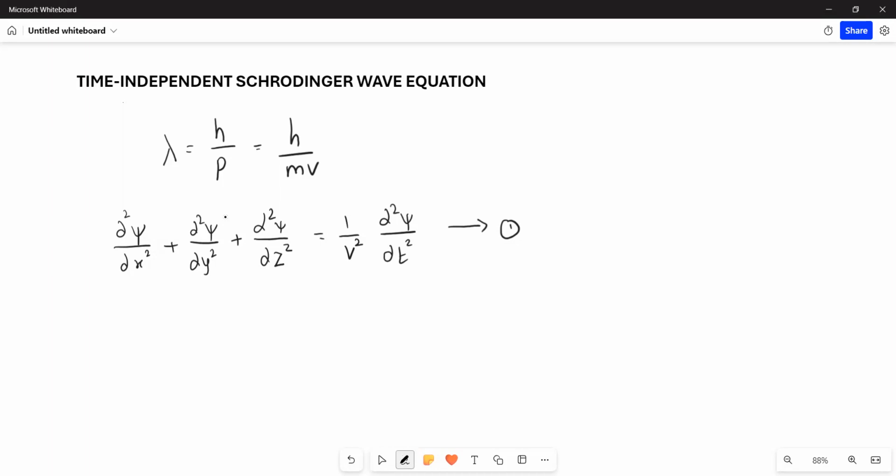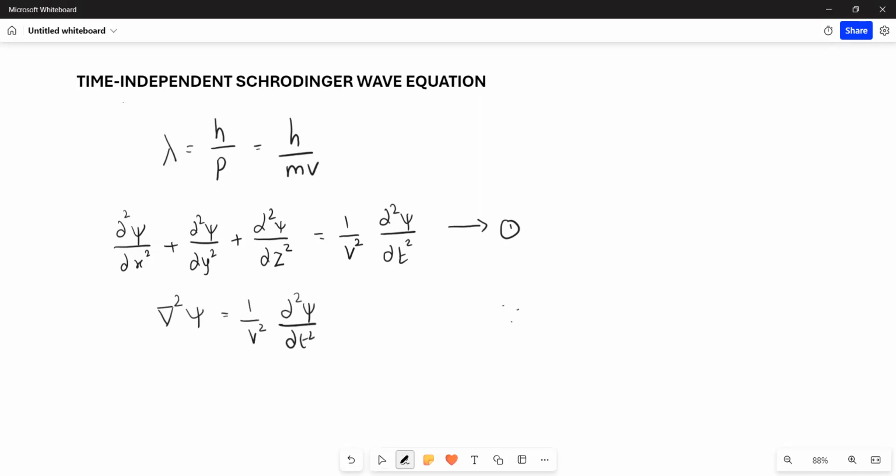Here, what is psi? The psi is the wave displacement for a de Broglie wave at time t and x, y, z coordinates. These are the coordinates of the particle, and v is the wave velocity. The same equation can be rewritten using the Laplacian operator: del square psi equals 1 by v square dou square psi by dou t square.